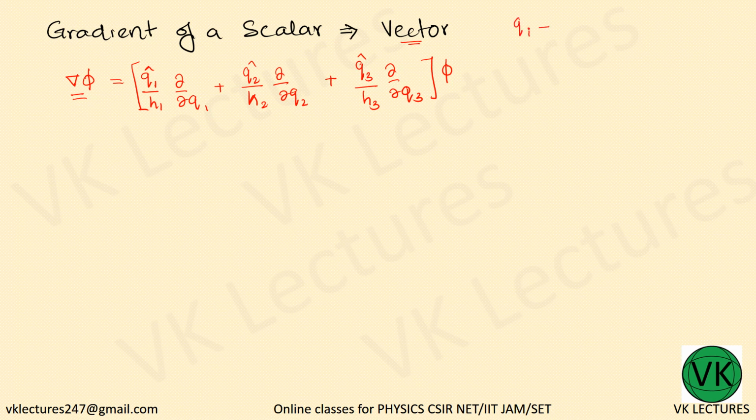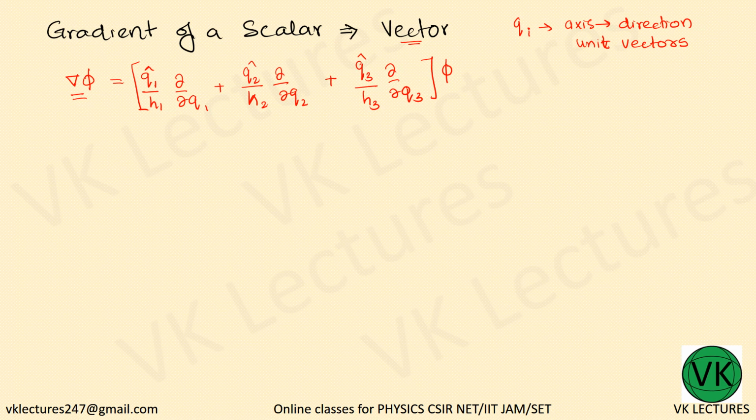And this qi, that is q1, q2, q3, are the axis or the direction or unit vectors in the corresponding coordinate system.